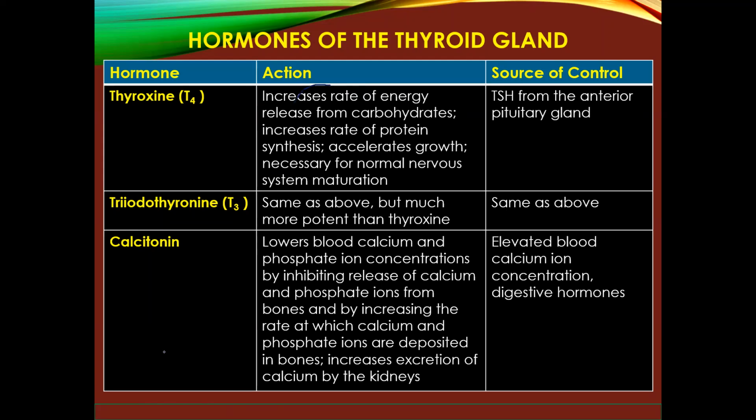Okay, so increase the metabolic rate of all cells. And calcitonin's main function is to lower blood calcium concentration. So the target cells for the thyroid hormone are all cells in our body. Okay, so this is the target.